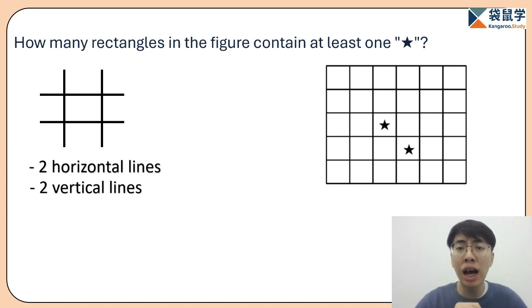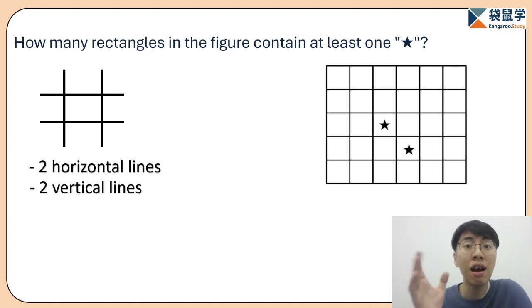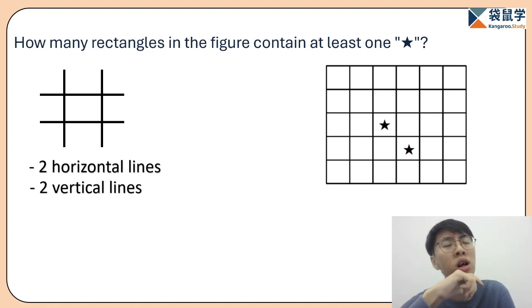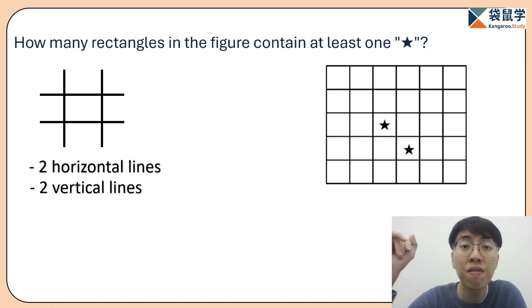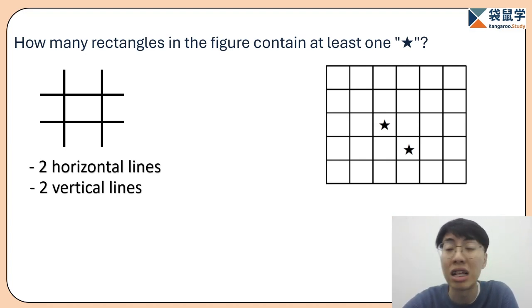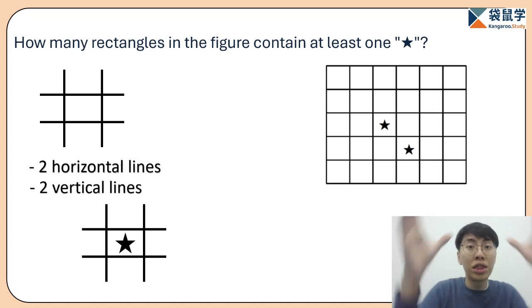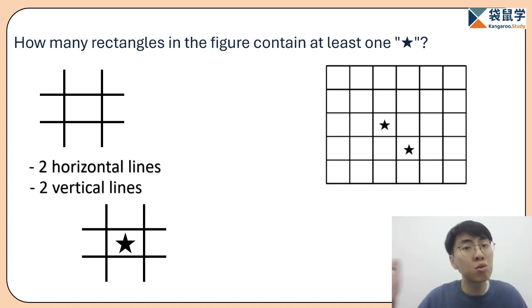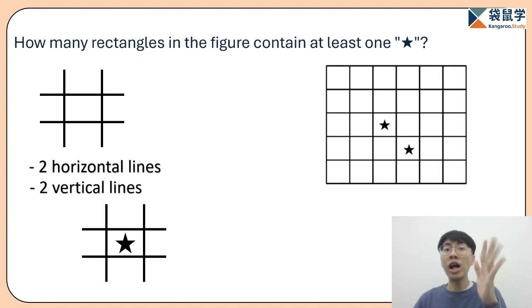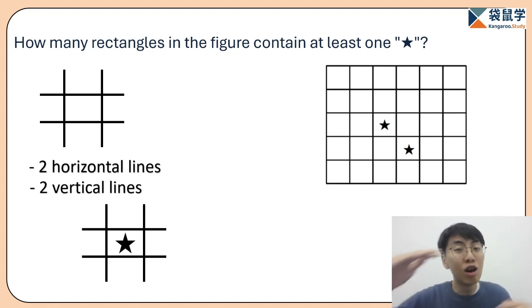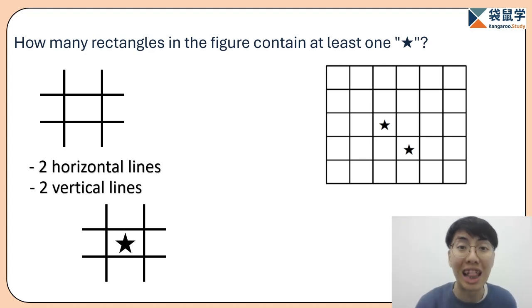What else? We realize this question wants us to have the rectangle contain a star. Well, what would have changed if it requires them to contain something? We can take a look at this figure. For this rectangle to have contained something, we realize we are breaking it down into one line to the left of the star, another line to the right, and then, of course, one above and one below.